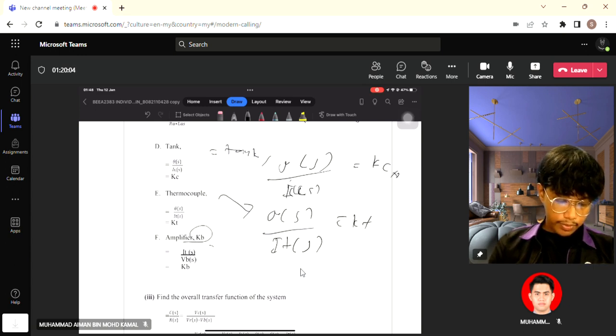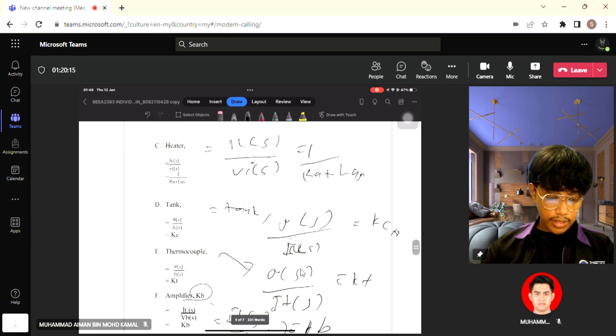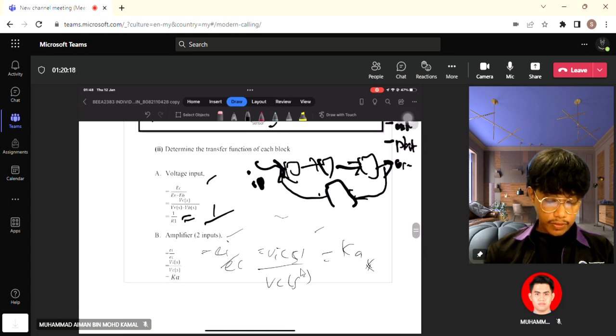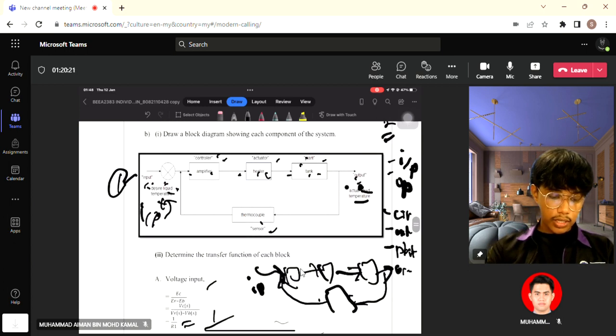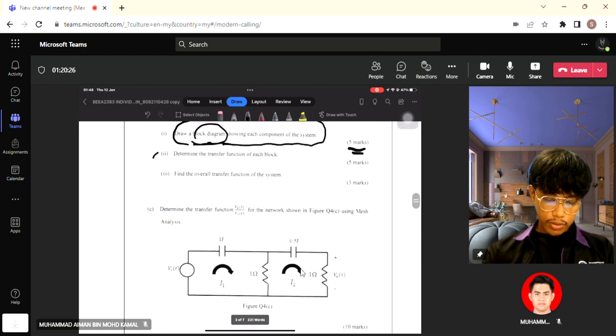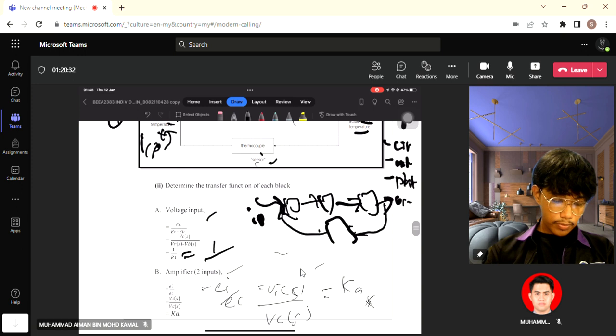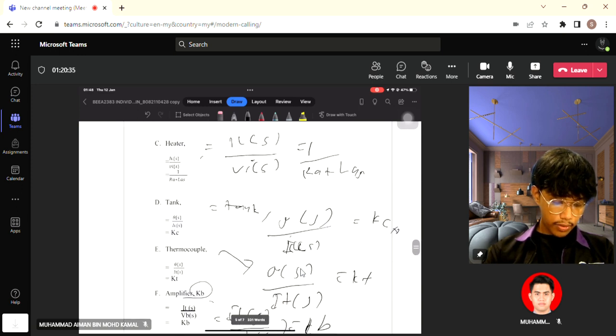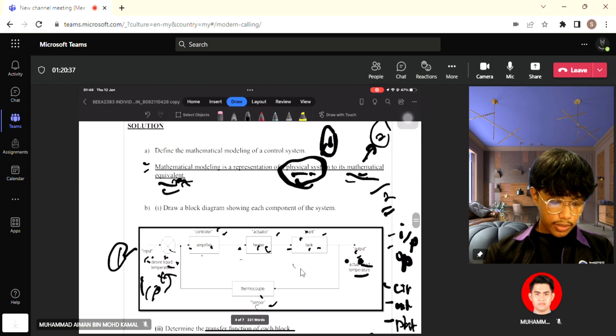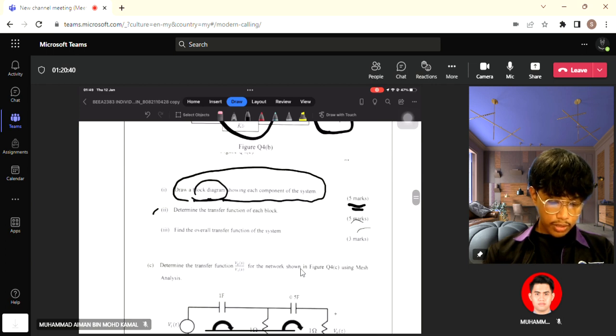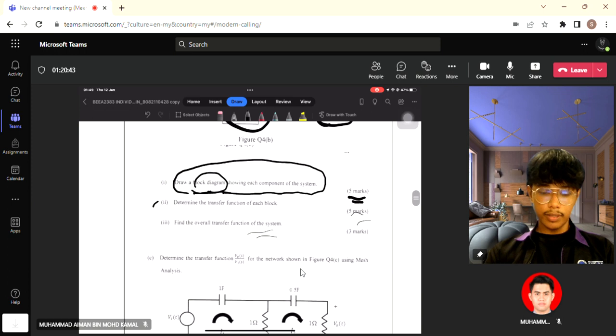And the amplifier IT divided by VB, we get the answer KB. Alright, this is actually all the answers for the transfer function of each block. The mark here was only 5 marks, so we must put all of these formulas.